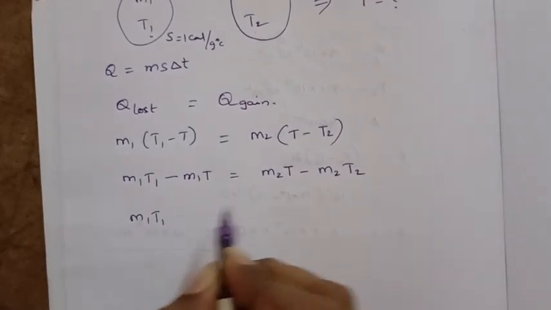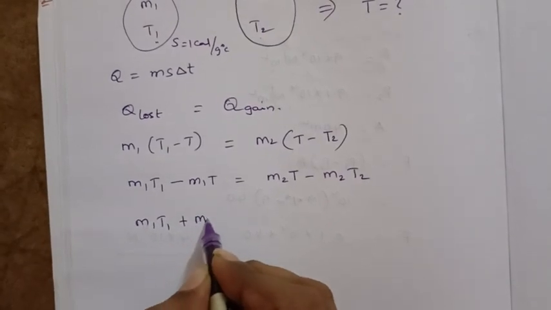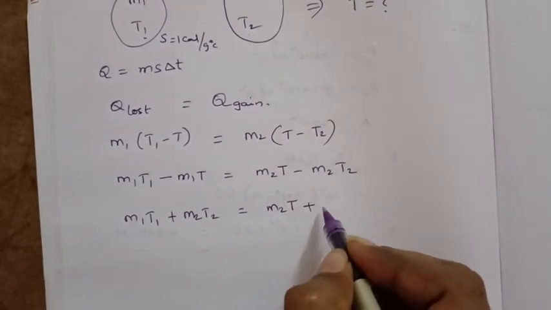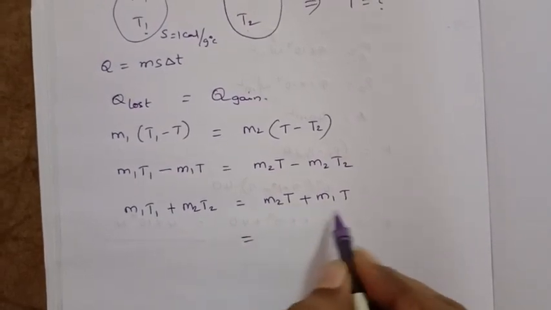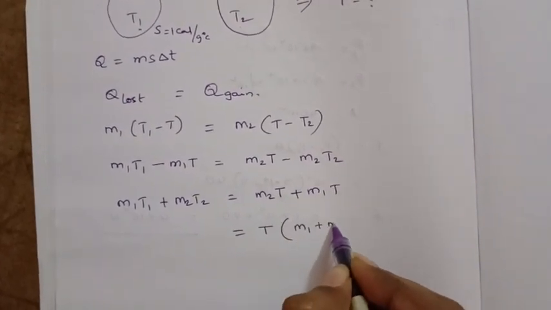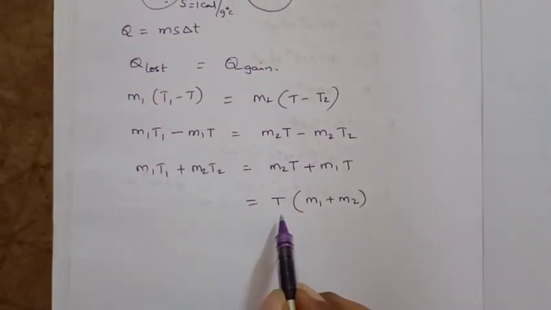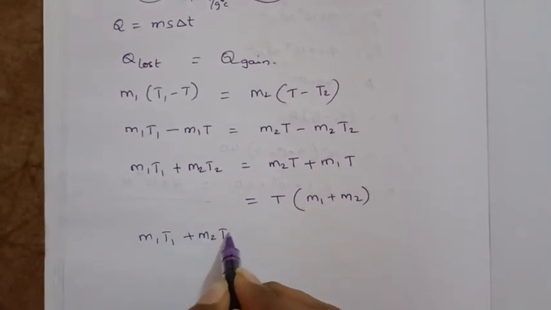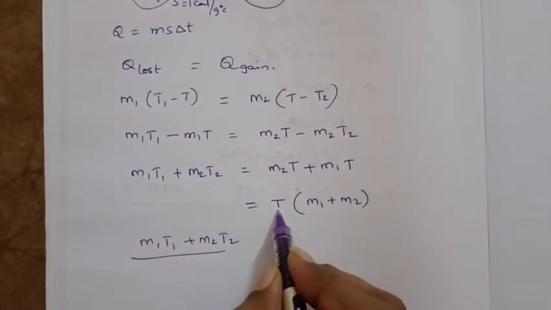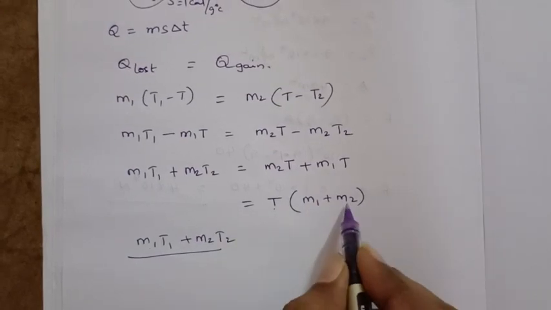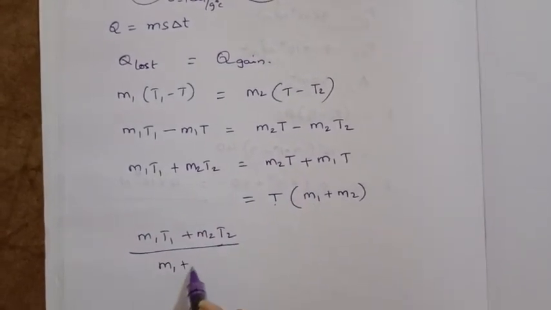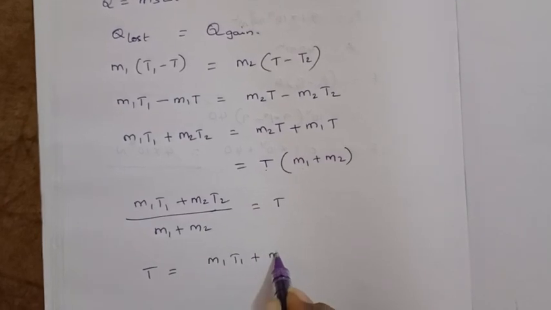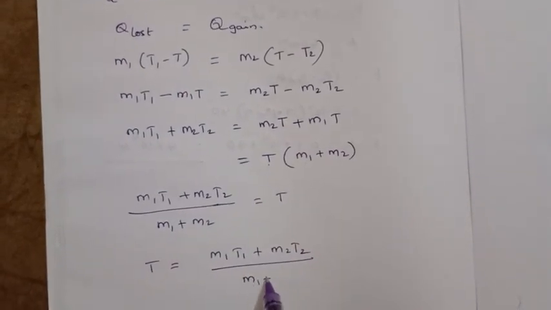So m1 T1 plus m2 T2 equal to m2 T plus m1 T. From these two, if you take T common, it is m1 plus m2 times T. Then m1 plus m2 comes to the other side, divided by m1 plus m2 equal to T. Then we can write T equal to m1 T1 plus m2 T2 by m1 plus m2.